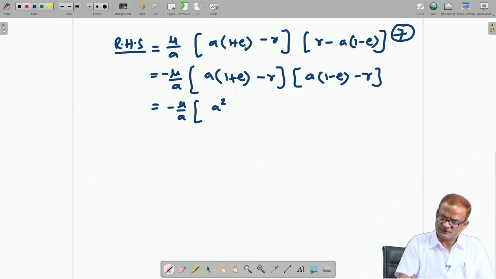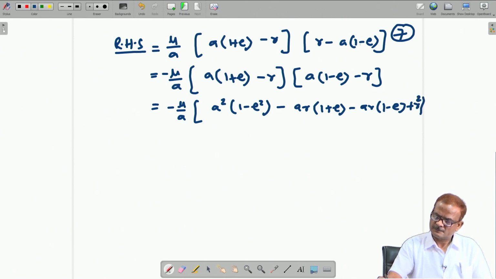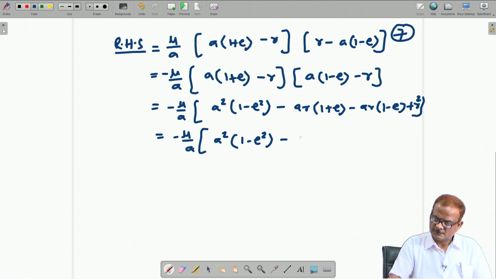So, this becomes a square times 1 minus e a square, minus a r times 1 plus e, minus a r times 1 minus e, and plus r square.